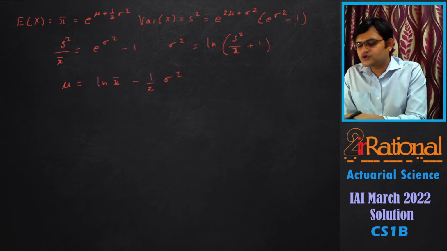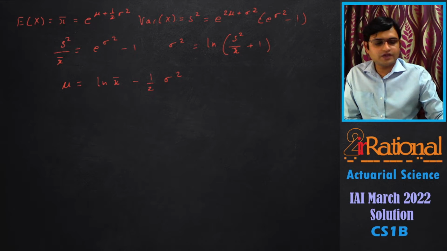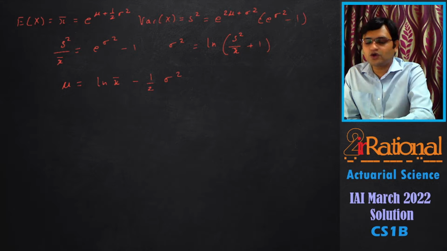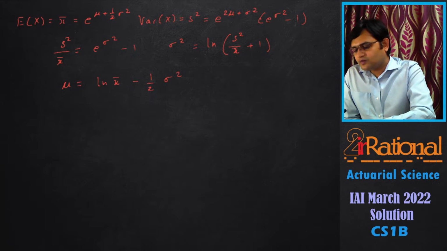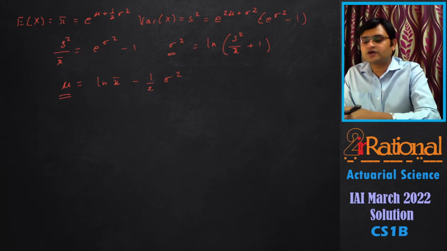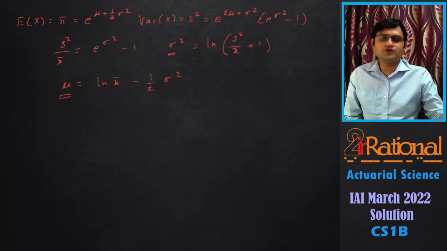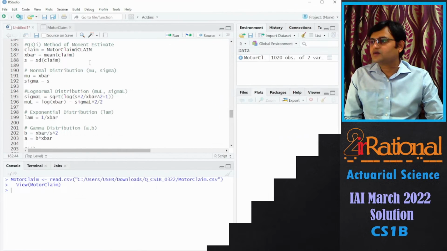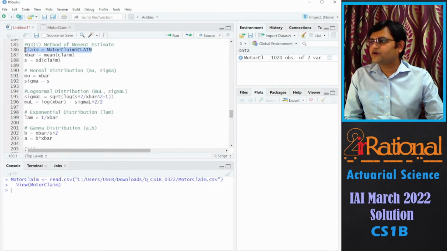Okay. So using both of these formulas, we will now create the parameters for the log normal distribution as well. Keep the parameters as mu and sigma, not sigma square, because we will be using sigma as our parameter in R programming. So first of all, I've written claim as our motor claim, dollar claim.